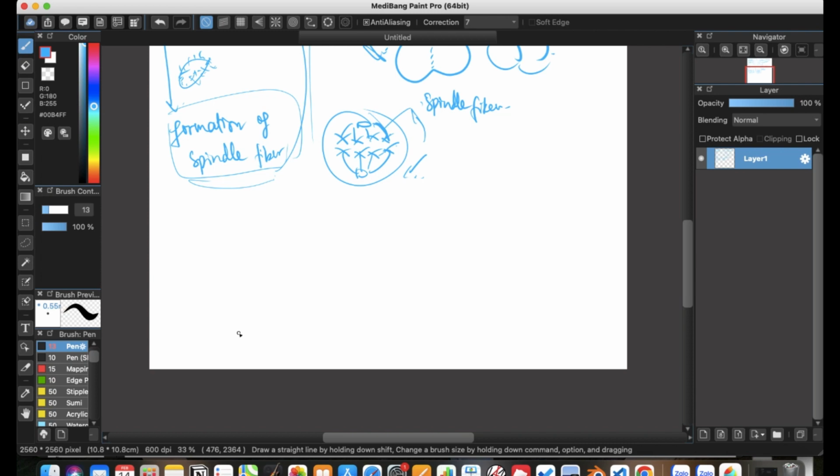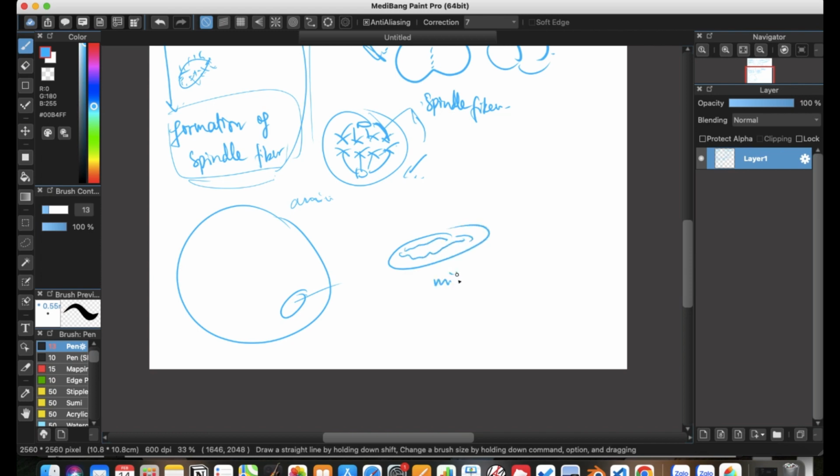basically explains how in animal cells or in plant cells there's a mitochondria inside it. So yes, you know that we have these guys, right? Mitochondria, and also this little guy too, the chloroplast.